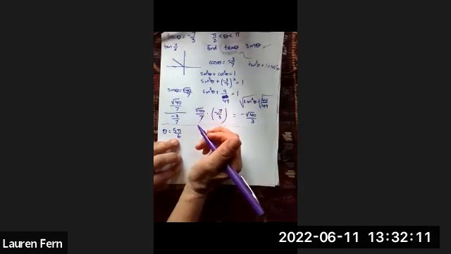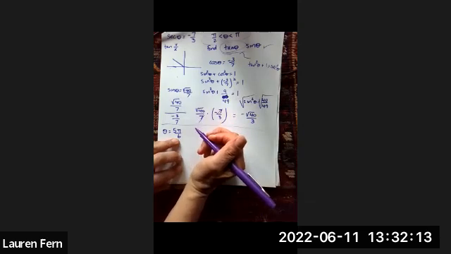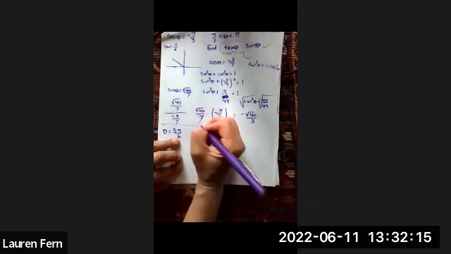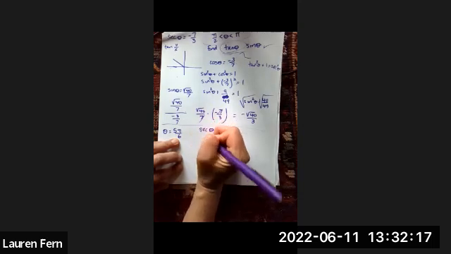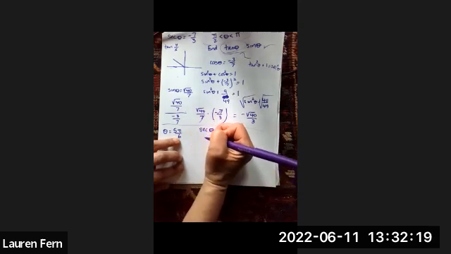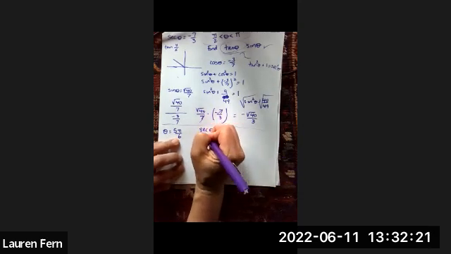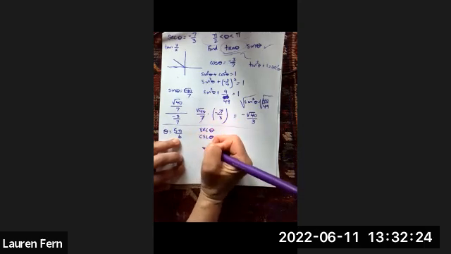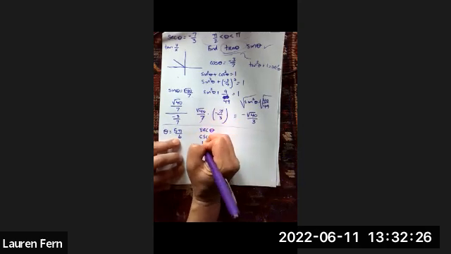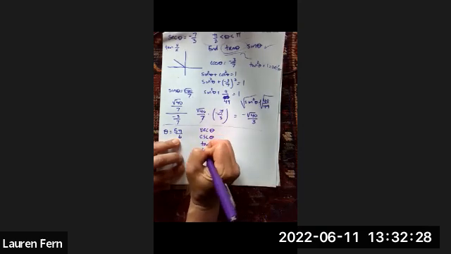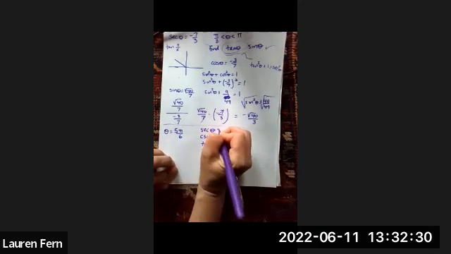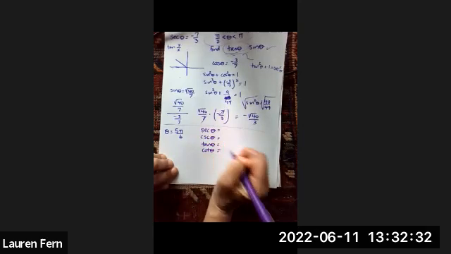But just for the fun of it, let's just do a couple of them. Let's find the exact values for our secant. We're just going to be funny here. Cosecant, tangent, and cotangent.